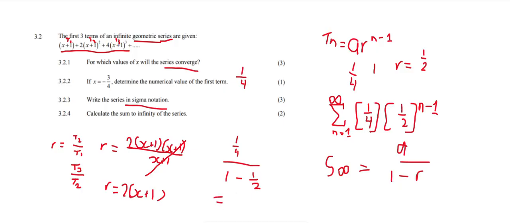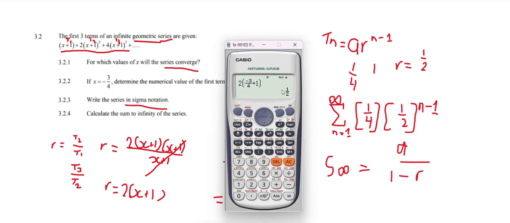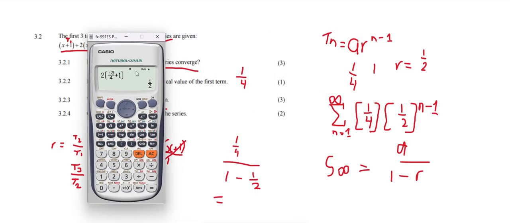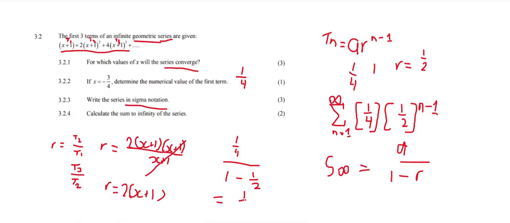So 1 over 4, then 1 minus half, which eventually gives us half. So our final answer is half, the sum to infinity.